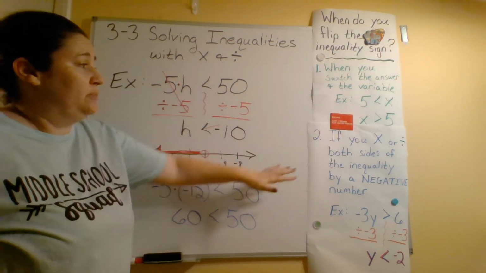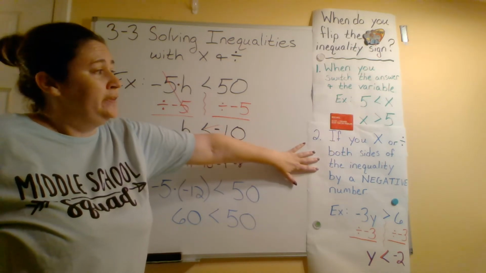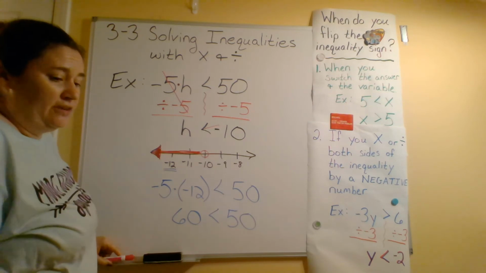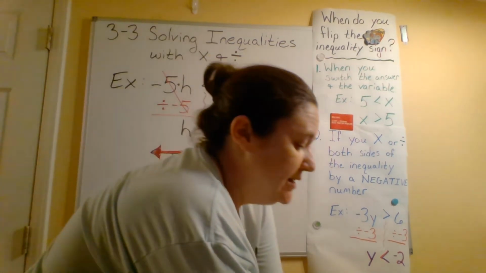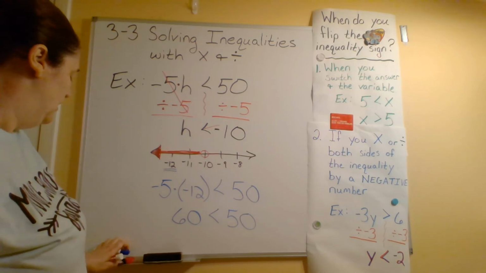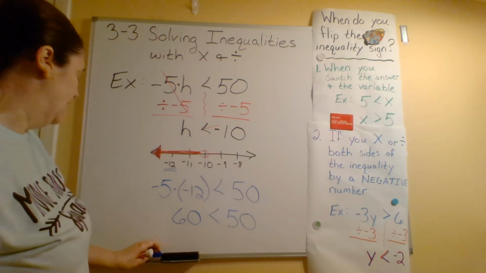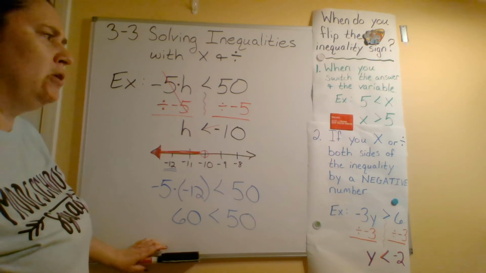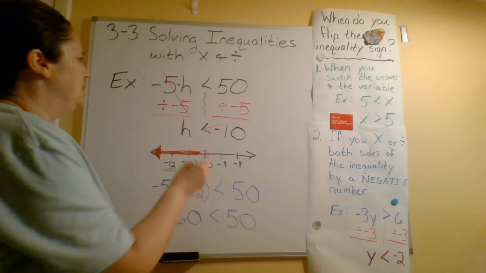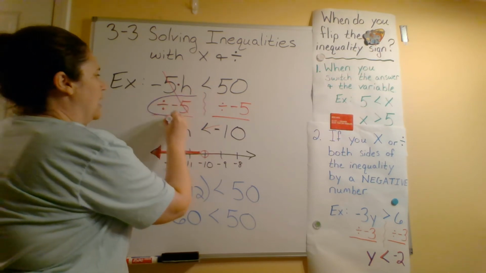This can be our example for this rule. If you multiply or divide both sides of an inequality by a negative number, you have to switch the sign. Let's look back at this problem and see, did I multiply and divide both sides by a negative number? Yes, I did.